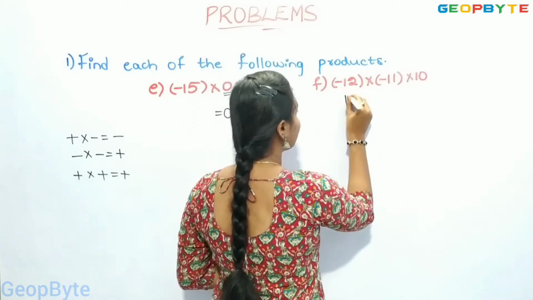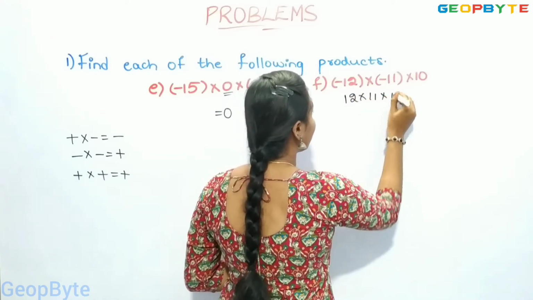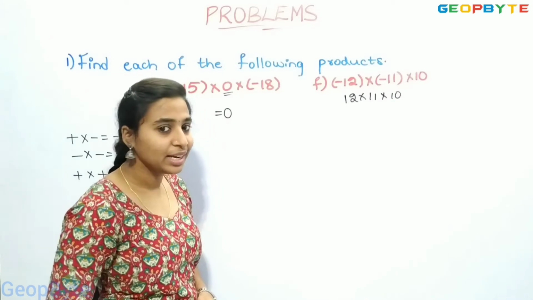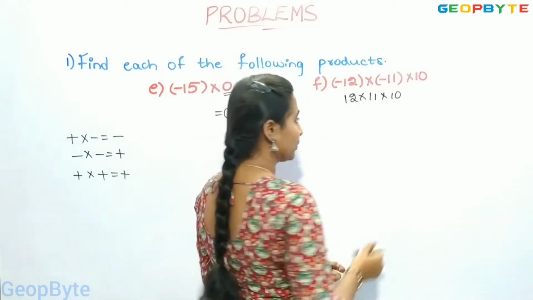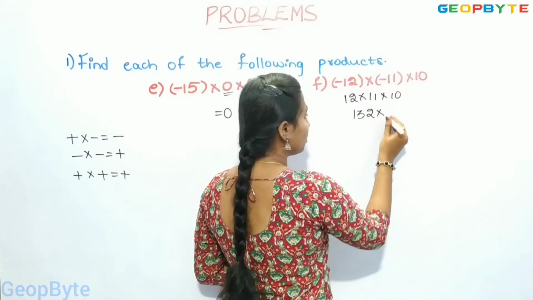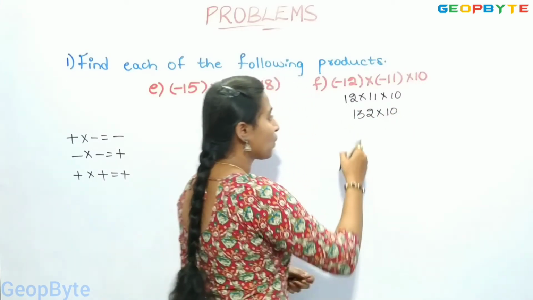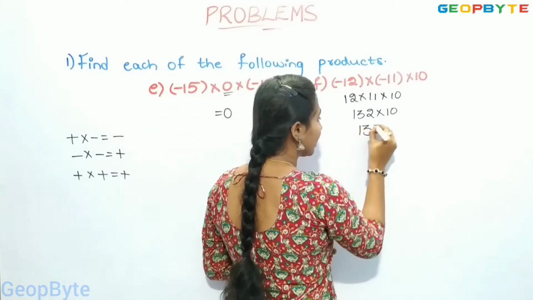So they become 12 into 11, the remaining number into 10. Right? Now 12 elevens are 132, into the remaining number 10. 132 into 10, 1320.